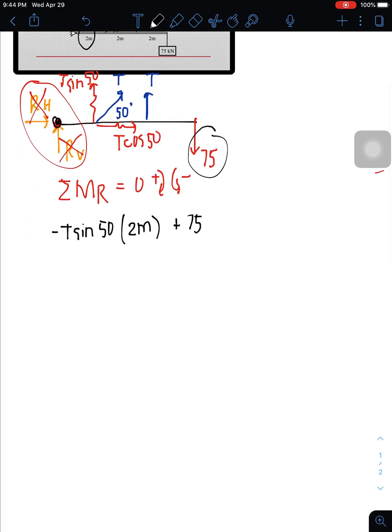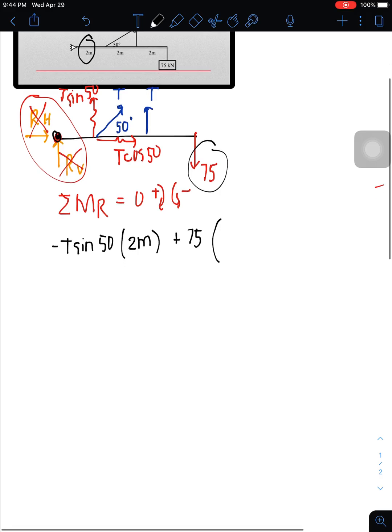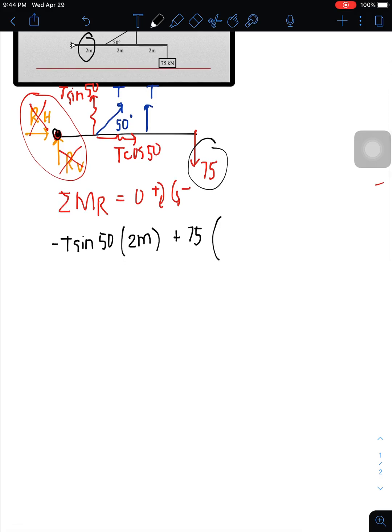So 75 times 6. So negative T sine 50 times 2, plus 75 times 6 equals 0. To solve for T, T is equal to 75 times 6 over 2 sine 50.